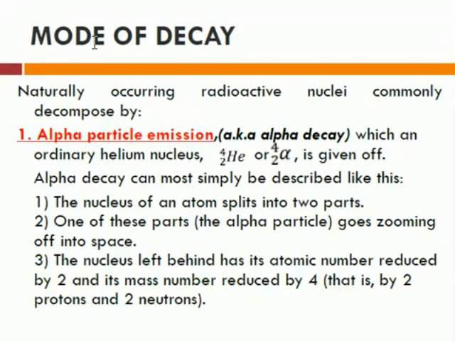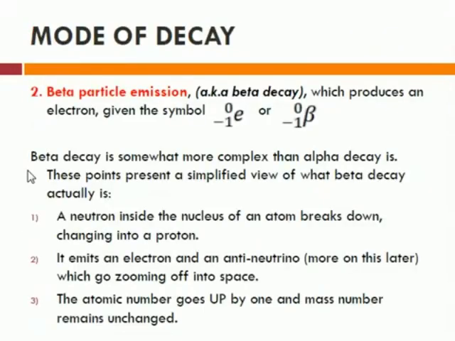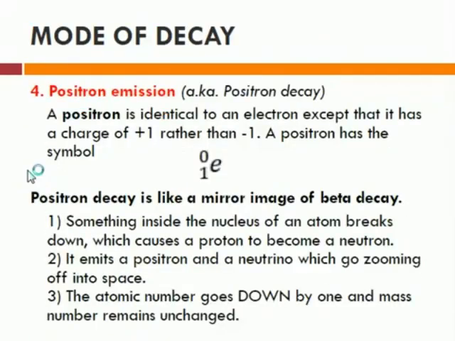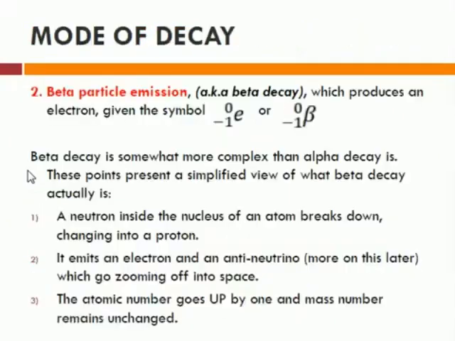So we have four modes of decay, or four types of decay. So we have alpha particle emission, we have beta particle emission or the beta decay, we have gamma radiation, positron emission, and we have the K electron capture. So let's proceed with the first one.